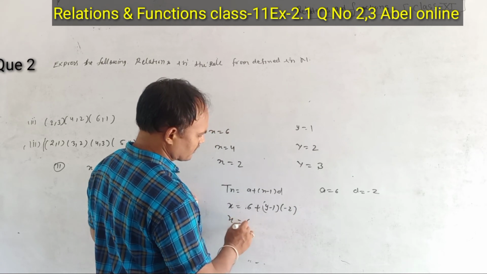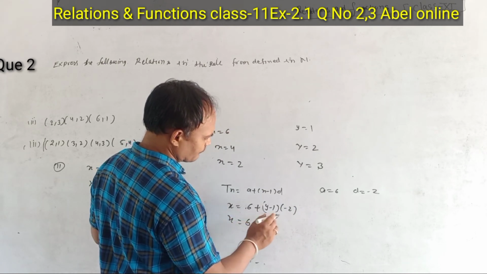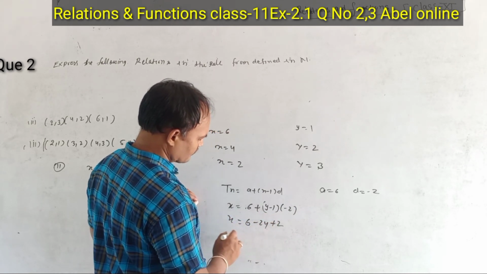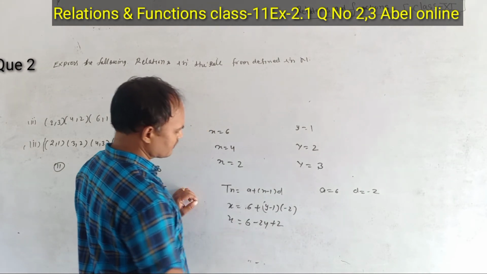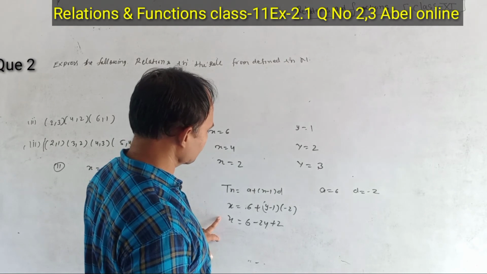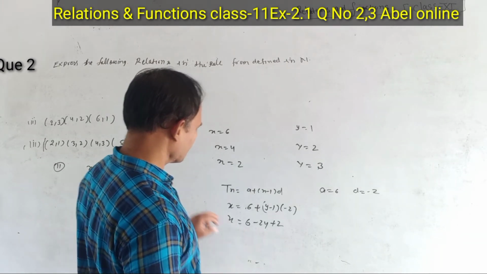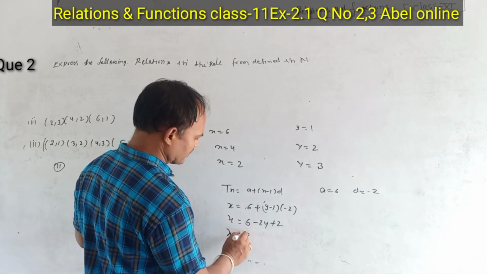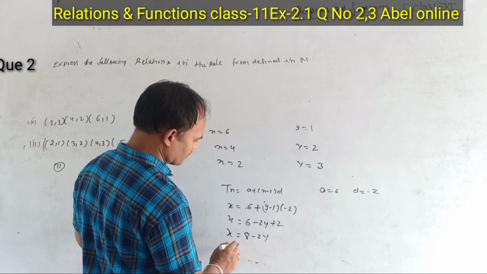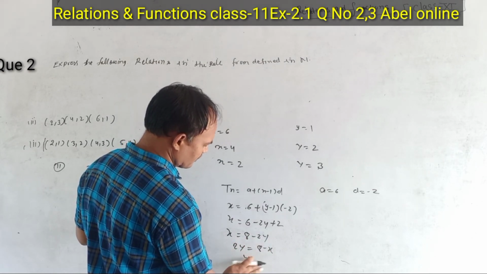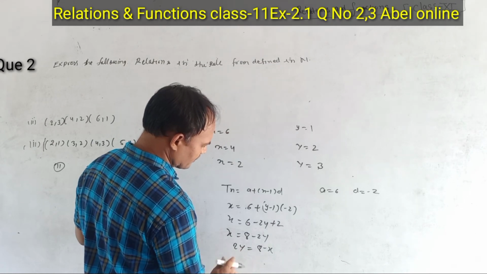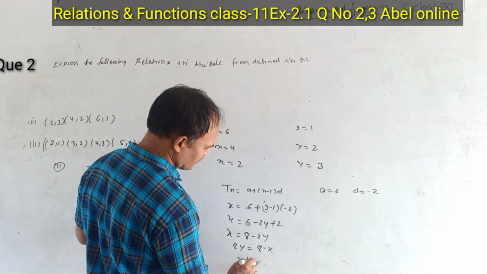So x equal 6 minus 2y plus 2, so x equal 8 minus 2y. So 2y equal 8 minus x, and we can write x plus 2y equal 8.